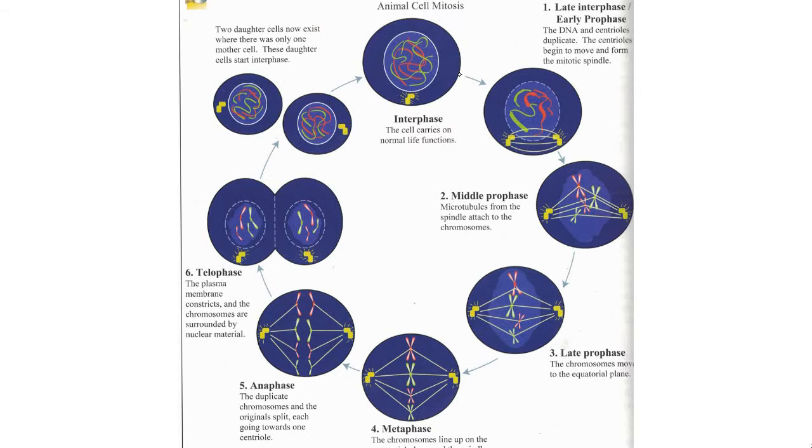It is not duplicating. I mentioned those centrioles. Here are the centrioles right here. Then during prophase, which is shown here in 3 steps, the DNA duplicates itself, and so do these centrioles. Here we see the duplication of the DNA, and we also see the duplication of the centrioles.